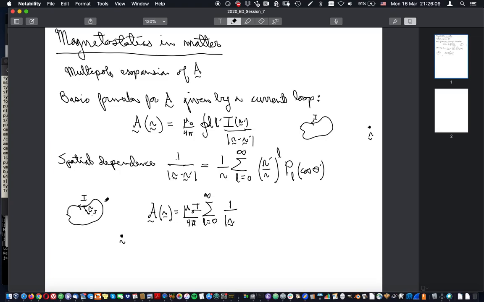Okay, and then I've got a little element here which will be a little dl or dl_s. So 1 over the modulus of r to the power L plus 1.